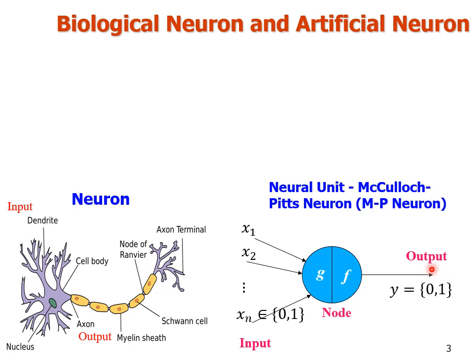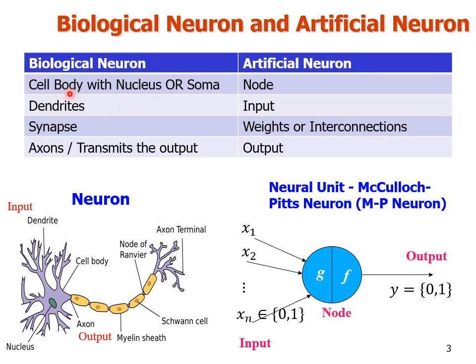So let us look at the terminologies that are analogous in biological neuron and artificial neuron. In biological neuron, we have cell body with nucleus, also called soma, whereas in artificial neuron we have a node. In biological neuron we have dendrites.